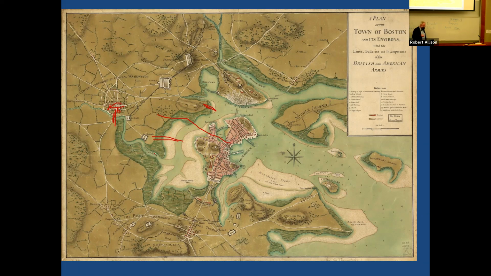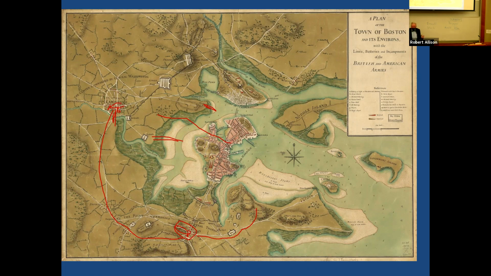The other thing is to make a lot of noise, because down here in Roxbury, at the headquarters of General Thomas, the cannon have been delivered this way to Thomas, and he is going to bring them over here to Dorchester Neck, to Dorchester Heights, in what is today South Boston.